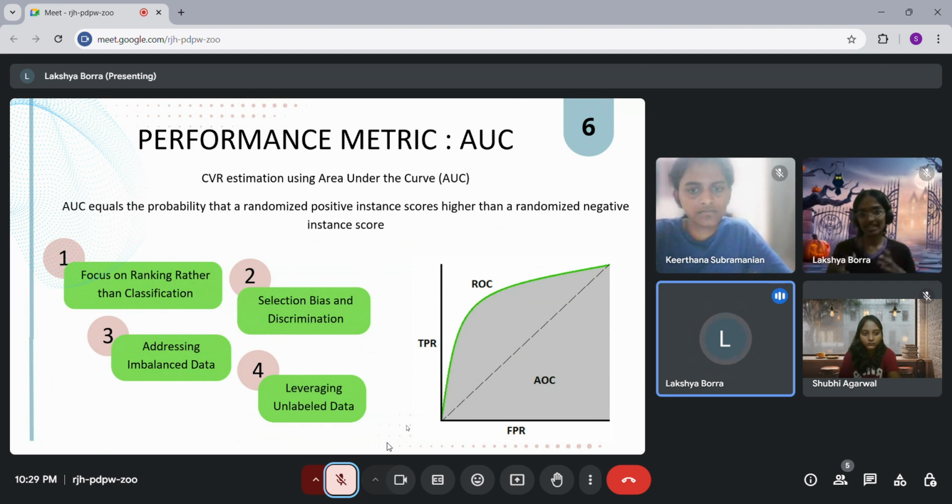So there is this data imbalance. Ranking helps to decrease the imbalance in the data. Also, sometimes we might not have the label data, so we can't really use classification on unlabeled data. Using ranking, we don't really need the labeled data. So we can even get more data, that is the unlabeled data, and we can use it for our model.